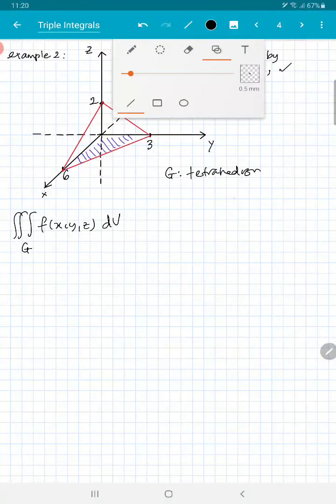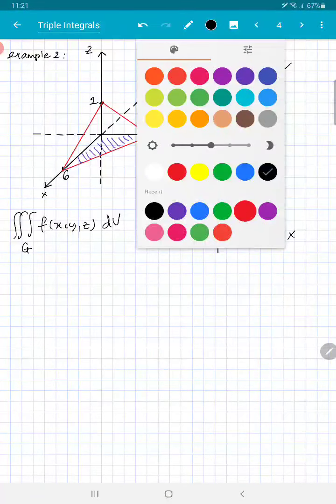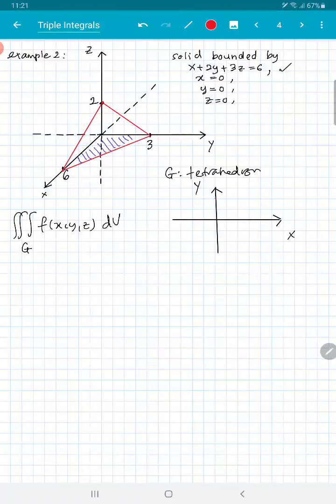Okay, all right, so let me sketch our triangle, which is going to be on the xy plane. So here we have the x-axis and the y-axis, and then we have the line, this line here, 6, 3. So we have the y-axis at 3 and the x-axis at 6.